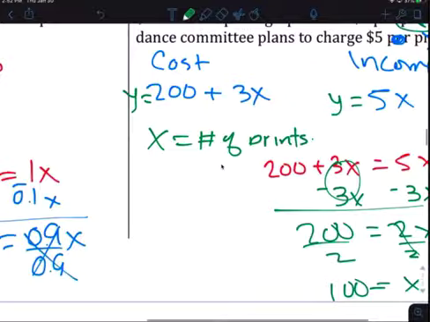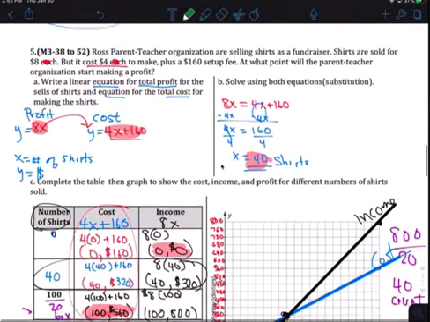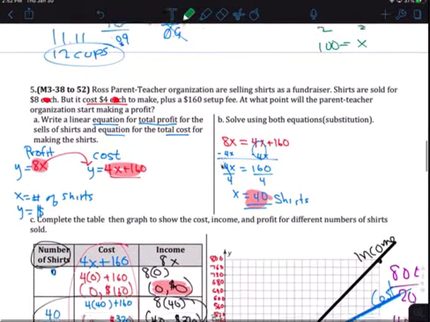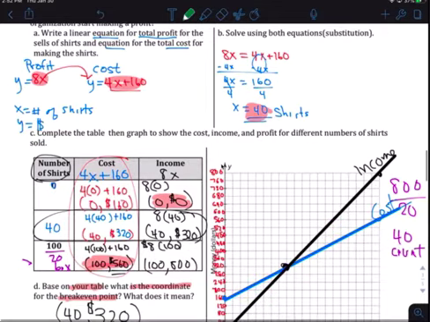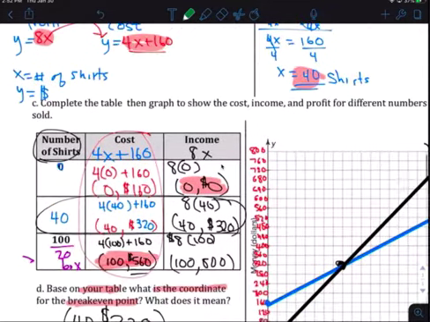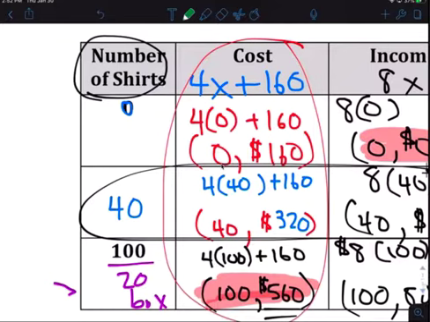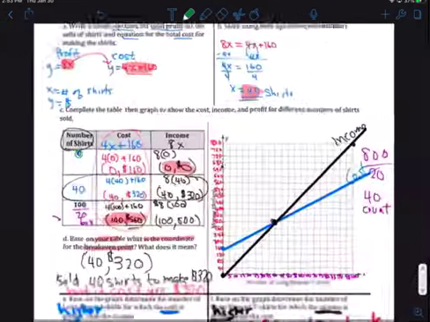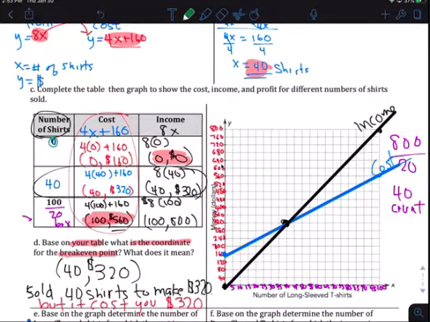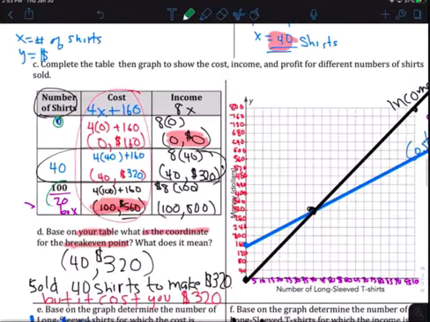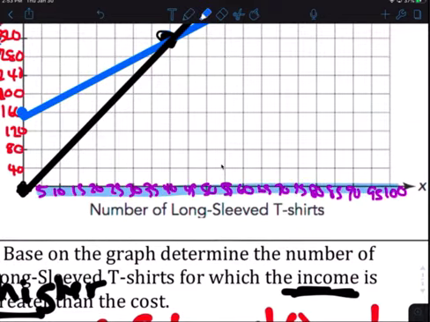Okay, I was going to have you do it on your own, but I did it. Okay, we did this in class. Now for the class that I didn't have time, put in your cost for 0 and 40, and then you graph that line. Okay, and you did income, and then we divide this by 20 because we get 5, so we know to count this all by 5.